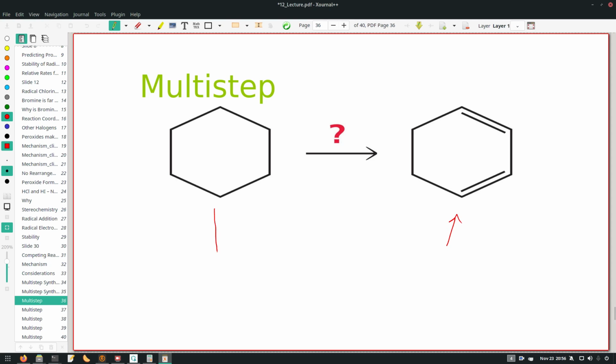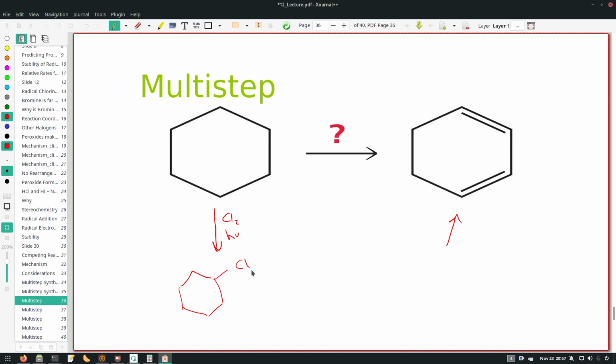What can we do to an alkane? Well, this is this chapter, and there's only one thing we've really learned we can do to any alkane. If I take chlorine and some light, I can make an alkyl chloride.